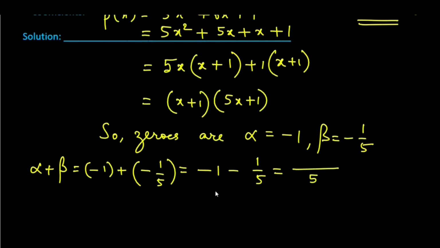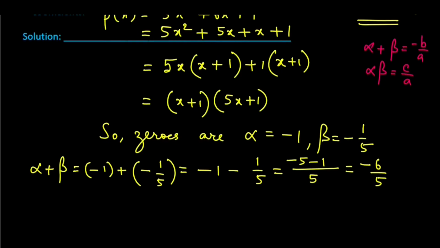Taking 5 as denominator for both, we get minus 5 minus 1. This is minus 6 by 5. Now alpha plus beta should be equal to minus b by a and alpha into beta should be equal to c by a.